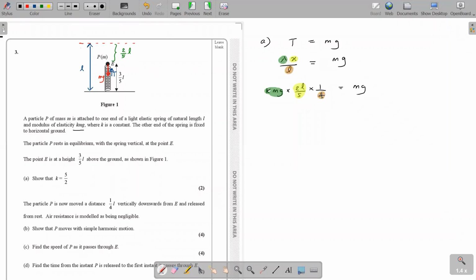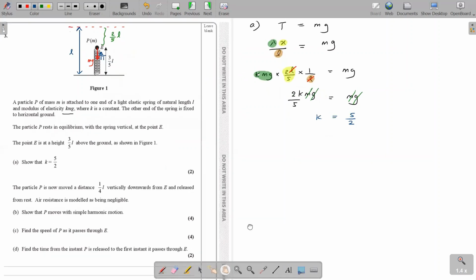The denominator is the natural length, L, equals mg. So you can cancel L with L here, and we get 2kmg over 5 equals mg. You can cancel off m and g, and you get k is 5/2. 5 goes up, 2 comes down. So k is 5/2. Do you agree with me?